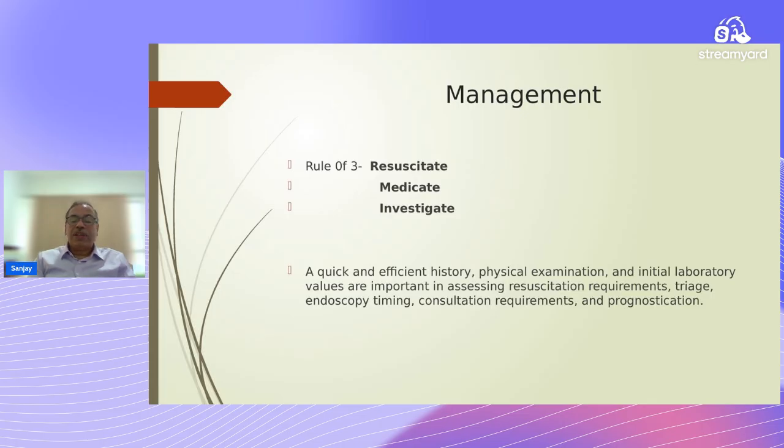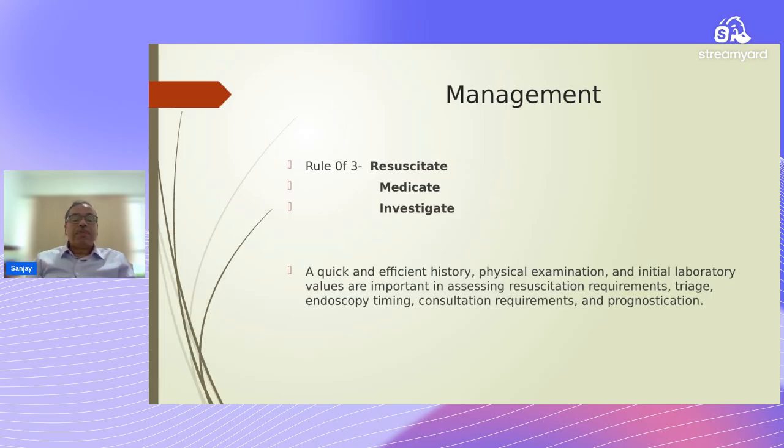Then, as the patient is being resuscitated, you can send the initial lab values, which are important. Take blood samples for a full blood count, liver function test, renal function test, serum electrolytes, and a complete coagulation profile, and also send blood grouping and cross matching.